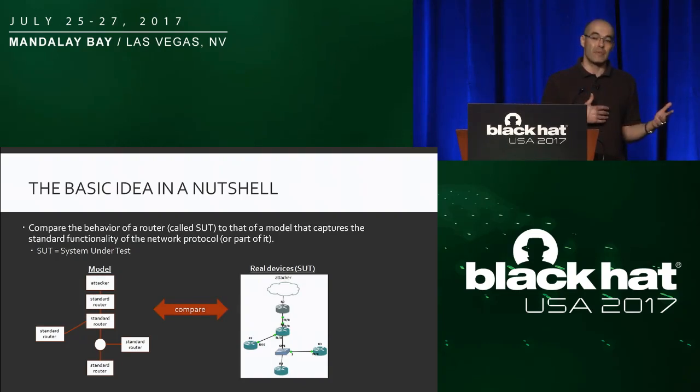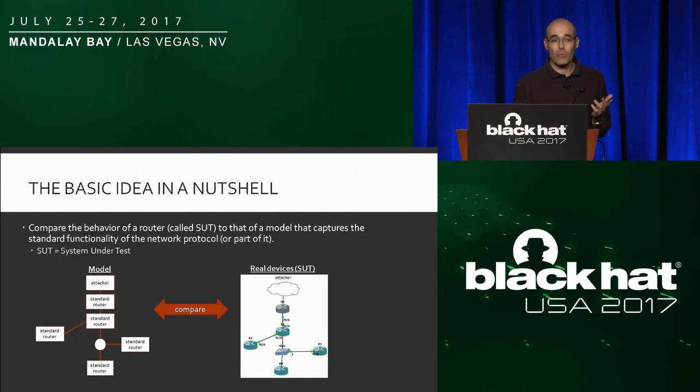Different sequences of packets sent by the attacker will exhibit different behavior of the network. So for a given sequence of packets sent by the attacker, we want to examine the behavior of the network model that captures the standard functionality of the protocol against the real network. Each such scenario we call a test case.